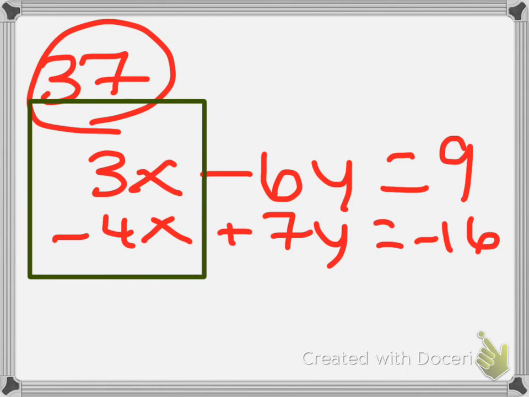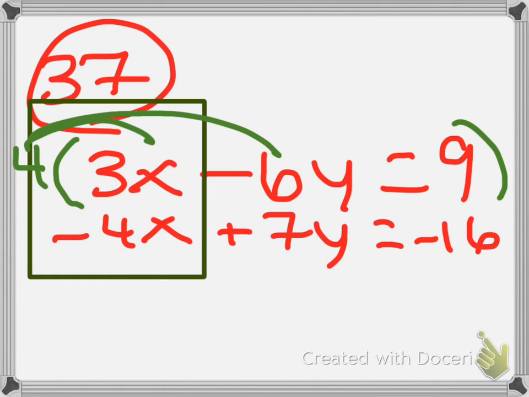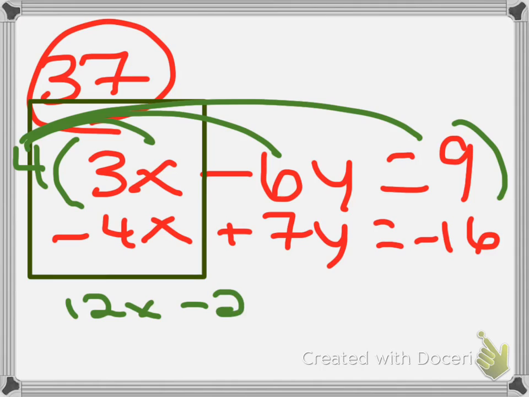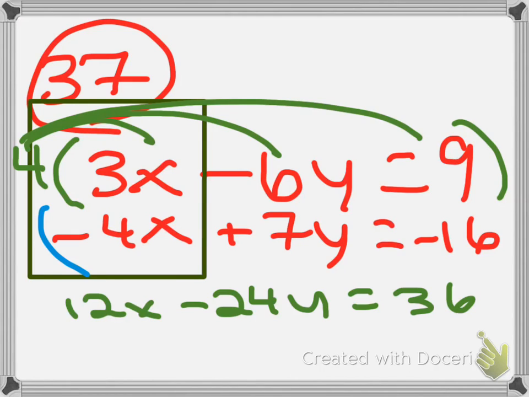I'm going to take this first equation and multiply it all by 4. When I distribute the 4 to each term, I get 12x minus 24y is equal to 36. Then I'm going to take my second equation and I'm going to multiply that all by 3.